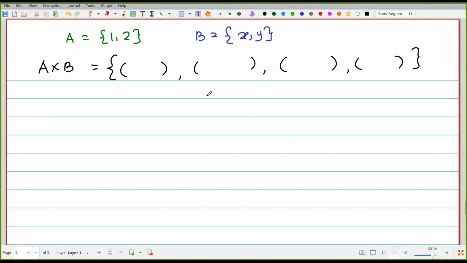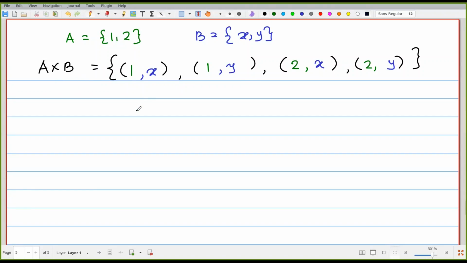So 1 comma x, 1 comma y. Same as 2: 2 comma x, 2 comma y. Always a is from A, b is from B. 1 and 2 are always in the first position.